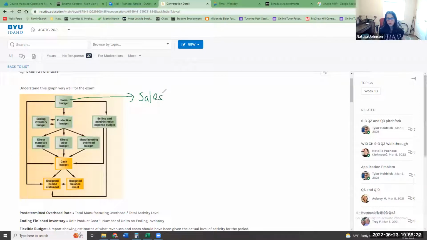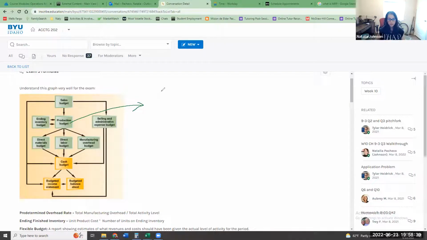So you don't have to memorize anything about the sales budget because that's the first information that they will give to you. The production budget, like any budget with inventory, has basically the same layout.